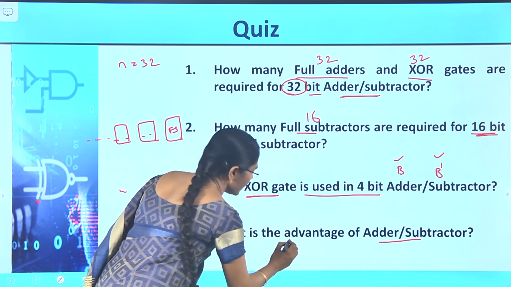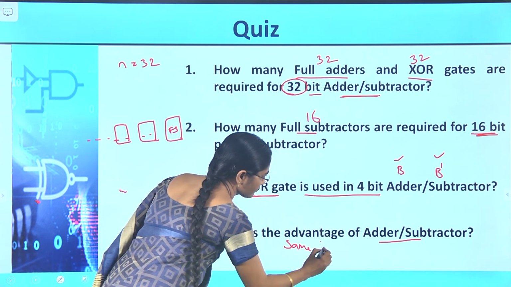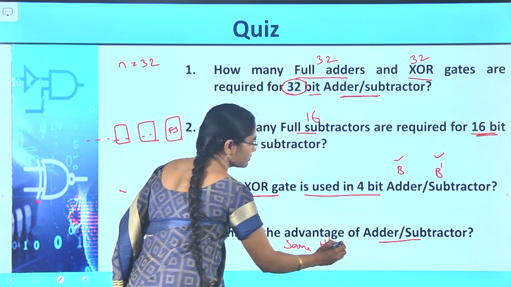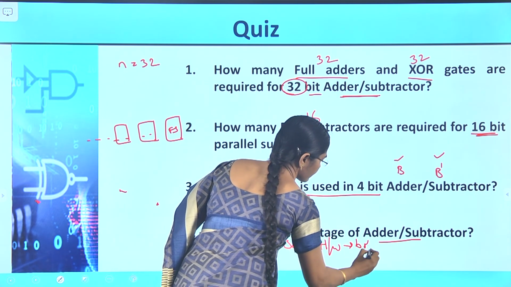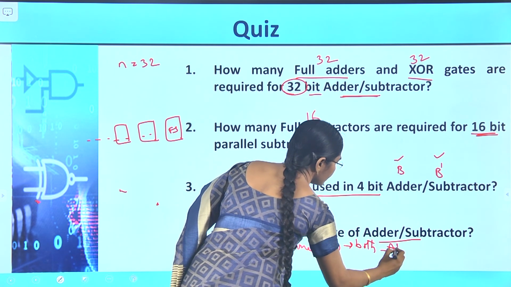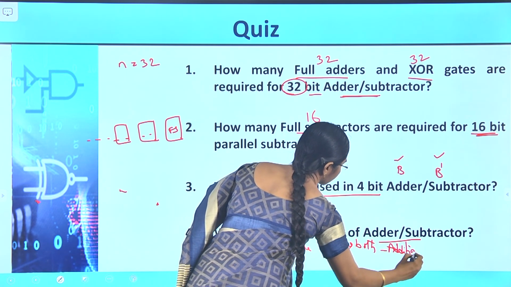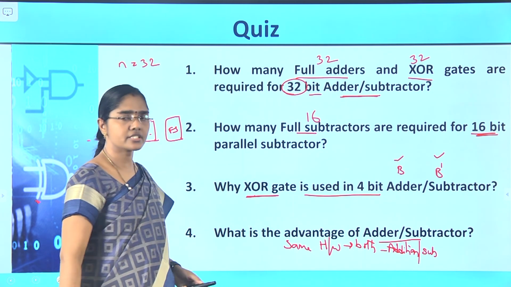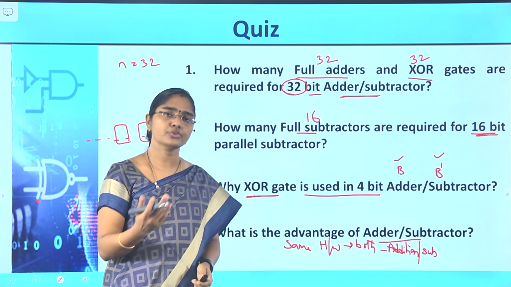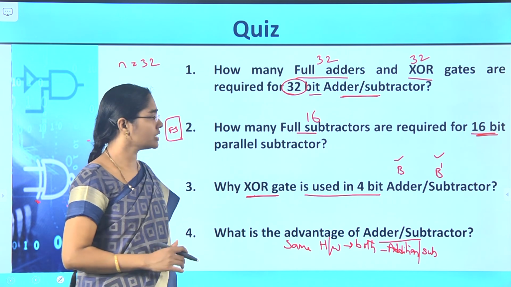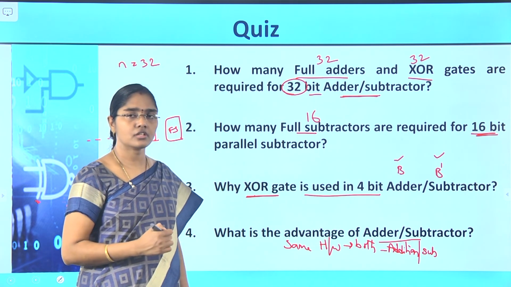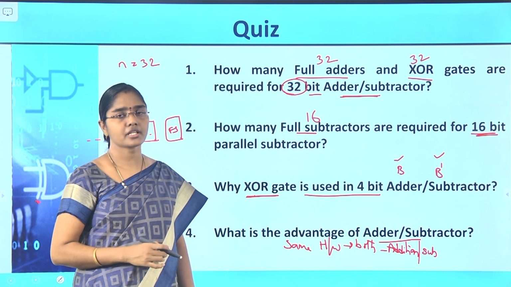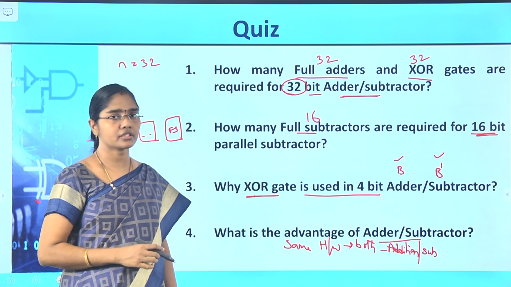So, the same hardware is used for both addition and subtraction. Therefore, the advantage is single hardware, two operations. Okay. So, this is the quiz. I hope you understood this parallel subtractor and adder bar subtractor for n bit.